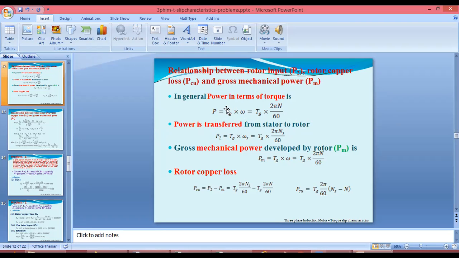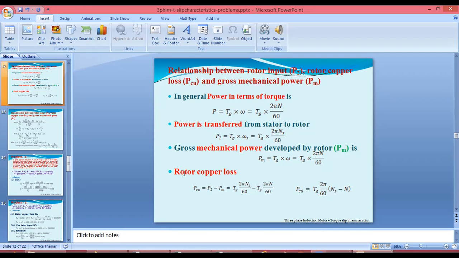This is the equation for the power from stator to rotor. So torque into 2 pi Ns, the speed due to the stator, upon 60. And the gross mechanical power will be torque into 2 pi N upon 60.